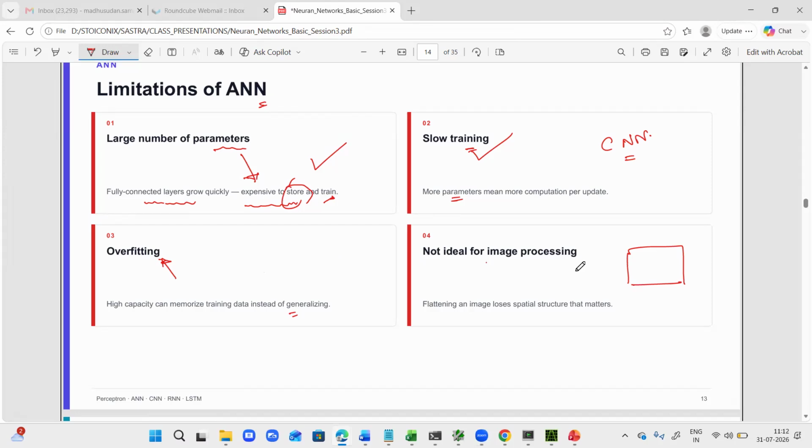Of course, it's also not suitable for audio processing, because audio or voice is also time series data. That calls for remembering not just things spatially, but in terms of time.